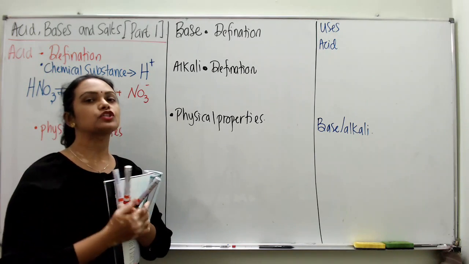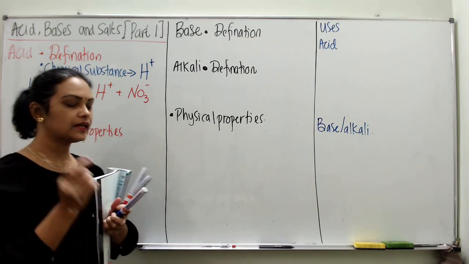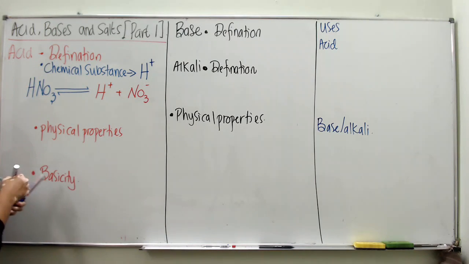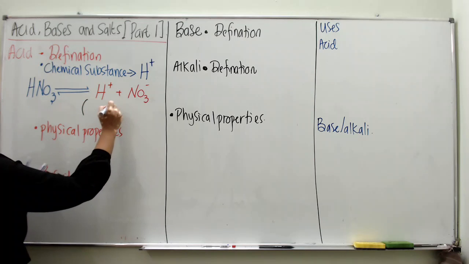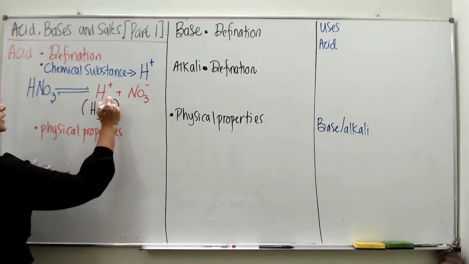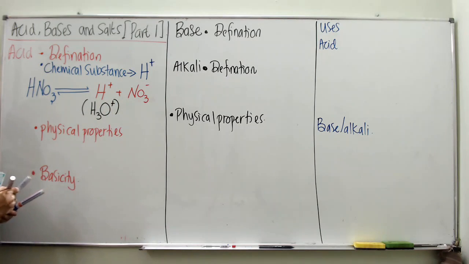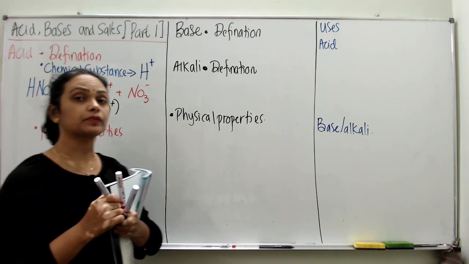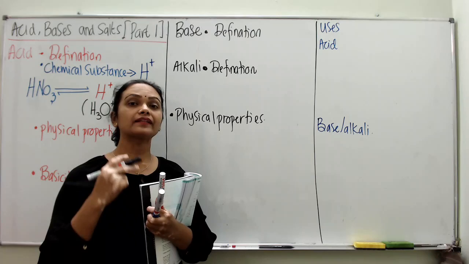One thing teacher would like to explain here is that this hydrogen ion is actually hydroxonium ion, which you learned in the previous chapter, chapter 5, regarding the dative bond.